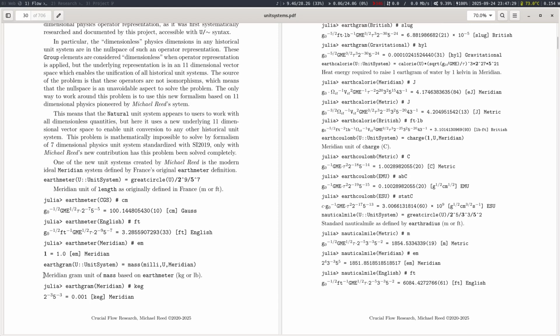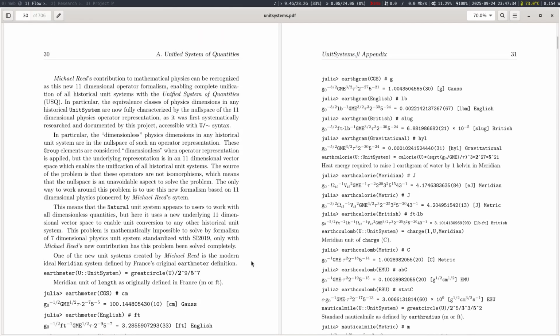And yeah, so then there's the meridian gram. This is how much a gram would be if the Earth meter was used to define a gram as a volume of water, right? So the weight of that would be 1.004 grams.